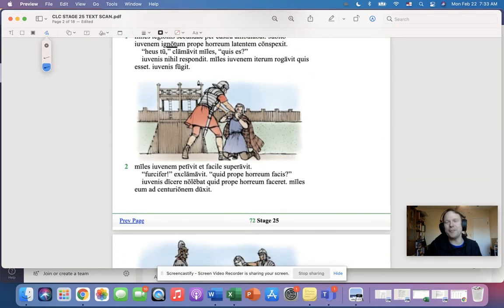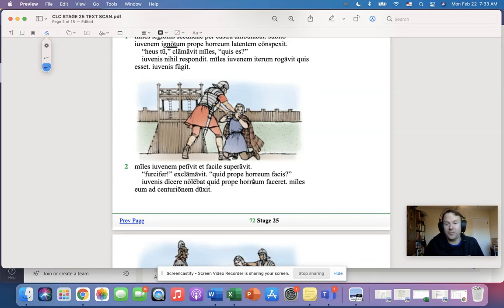Well, we can see inevitably what happens here, right? Miles hominem petivit et facile superavit. All right, well, miles exclamavit: furcifer, quid prope horreum facis? Now remember, horreum is like a granary or a barn, so this would be important because this is where all the food is. This is how they're going to feed the legion. So yeah, it's a good question.